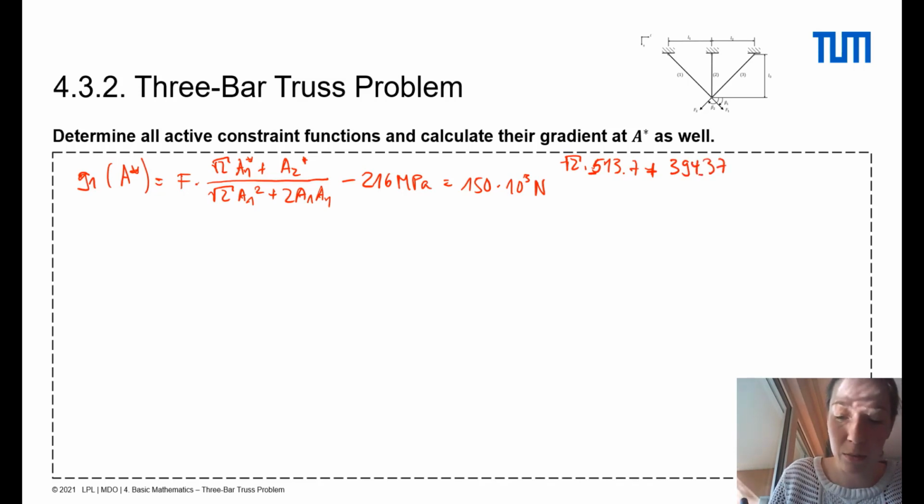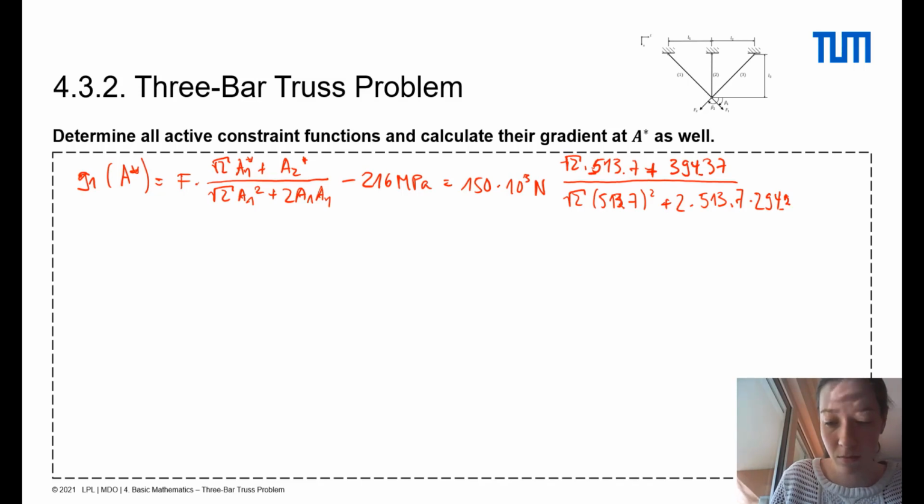And that's our optimal A2. And that's A3.